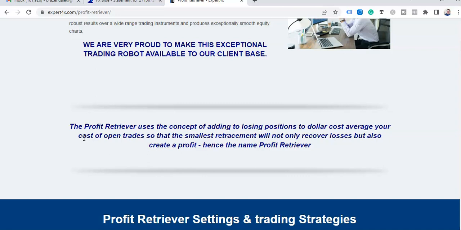If it starts trading in the right direction, it will cash in every however many pips you set it to on the grid system. But if it starts trading in the wrong direction, it will use this dollar cost averaging, so that the smallest retracement will recover your losses and create a profit.